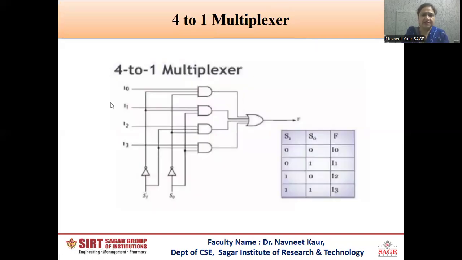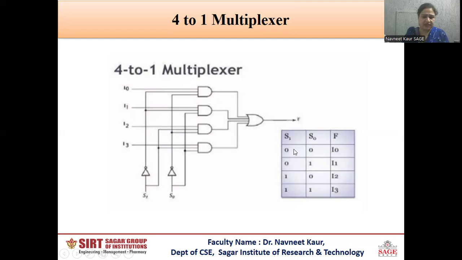Now, this is the logic circuit diagram of the 4 to 1 multiplexer. Here, 4 inputs are connected and 2 selection lines are there. There will be 4 AND gates and the outputs of these AND gates will be connected to a single OR gate, and the output of the OR gate will give the output of the multiplexer.